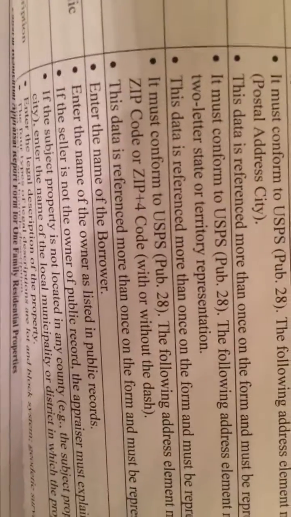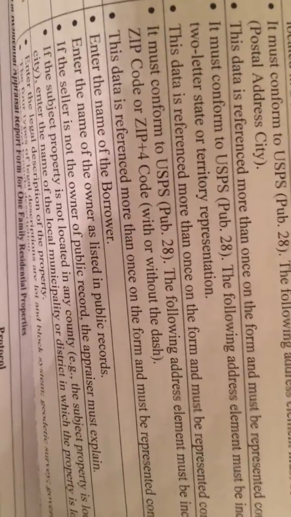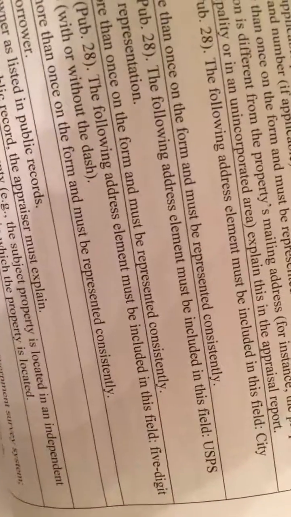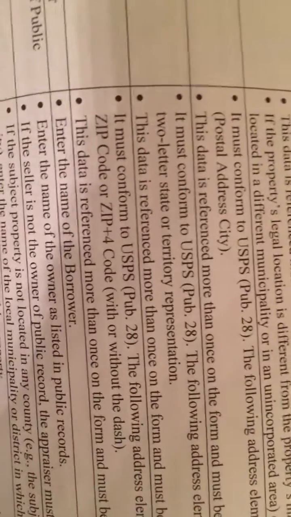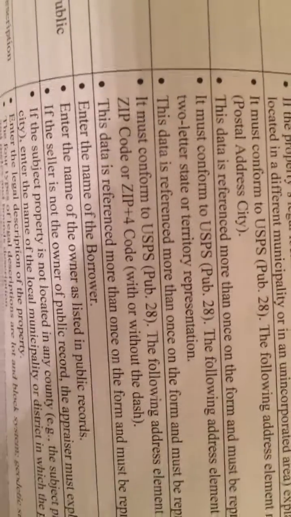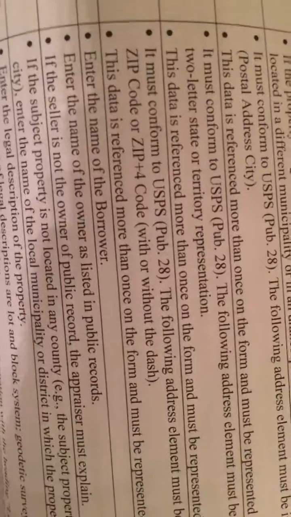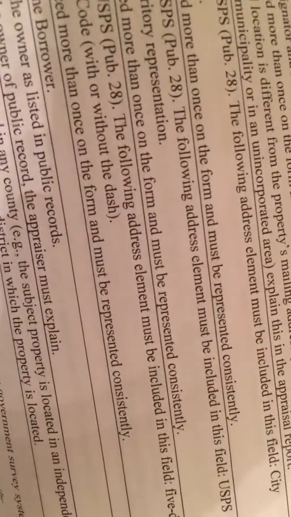State. It must conform to USPS Publication 28. The following address element must be included in this field: USPS 2-letter state or territory representation. This data is referenced more than once on the form and must be represented consistently.